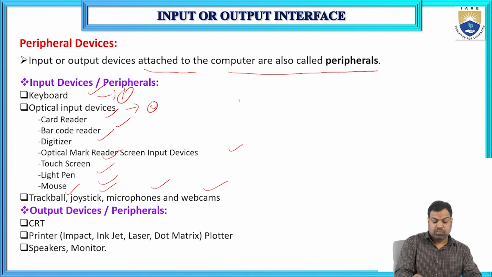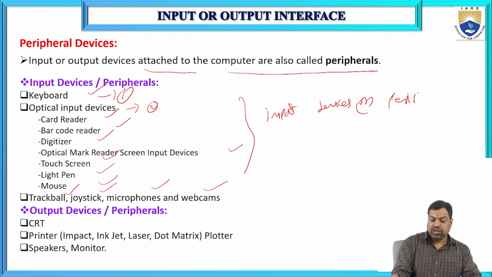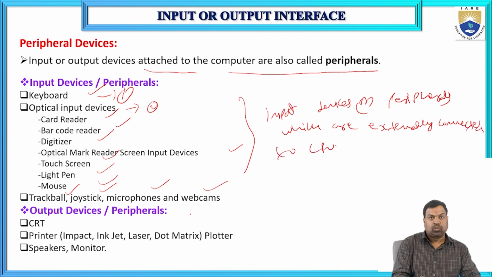So these are the input peripherals. Input devices are peripherals which are externally connected to the CPU.